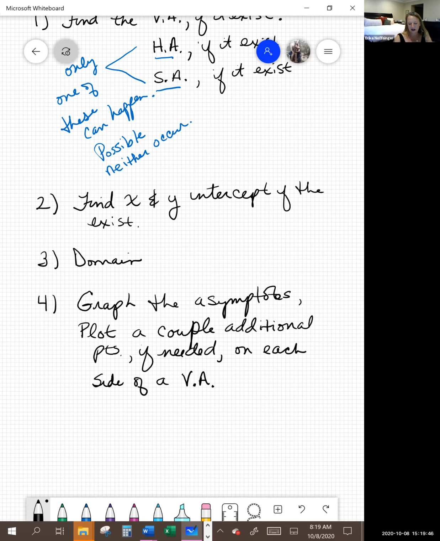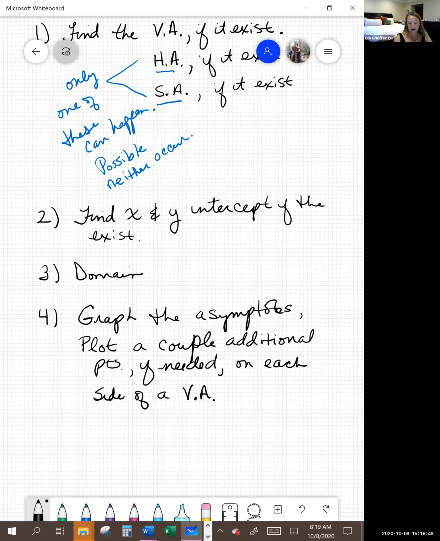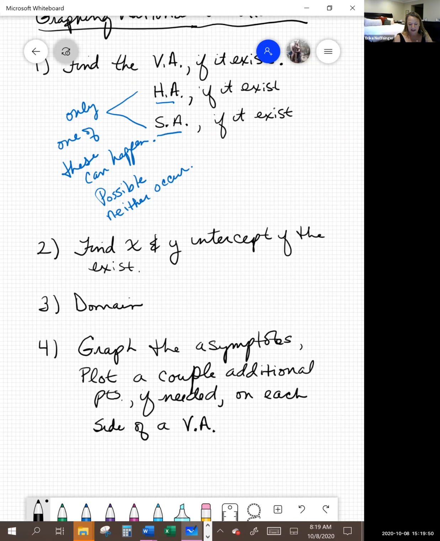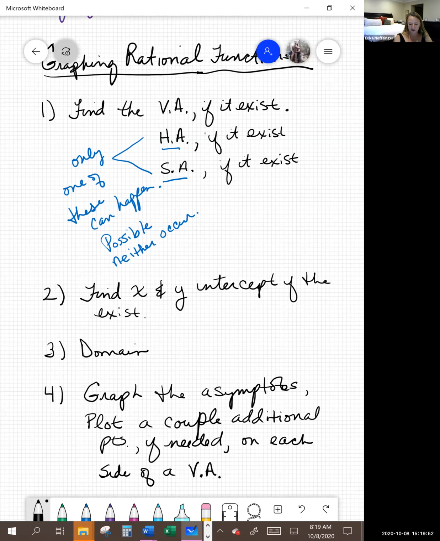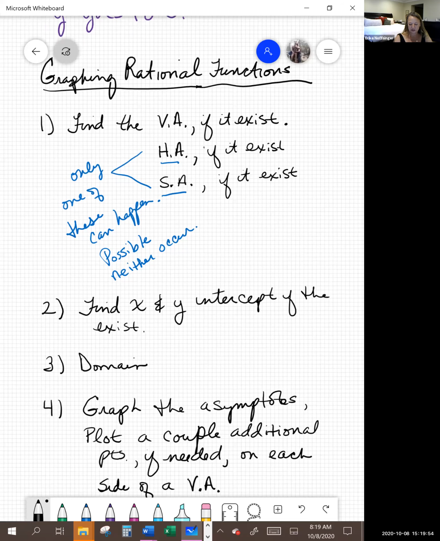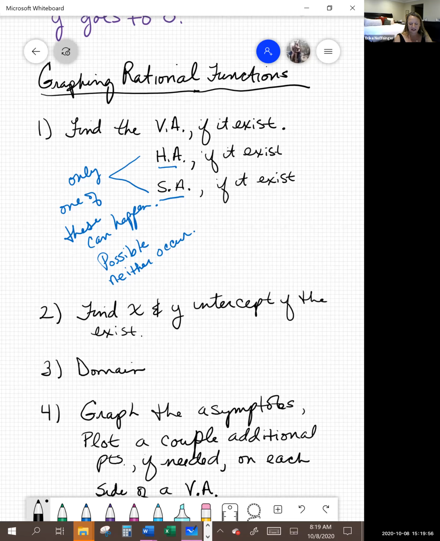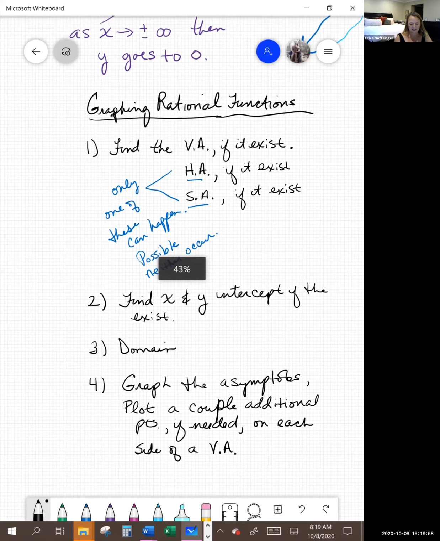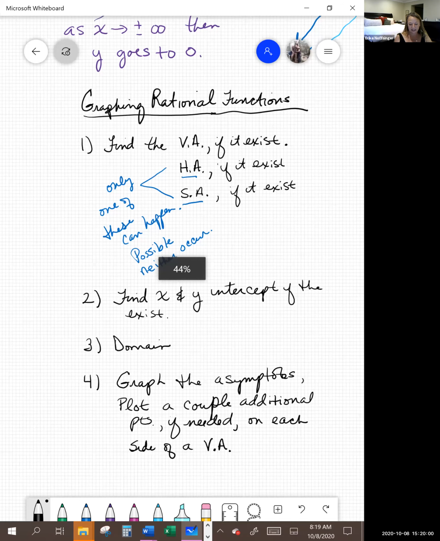From there, usually you can see what's going to happen with a graph as it gets closer and closer to a vertical asymptote. Is it going to shoot up? Is it going to shoot down? We can also see what's going on as x is going to infinity or negative infinity.